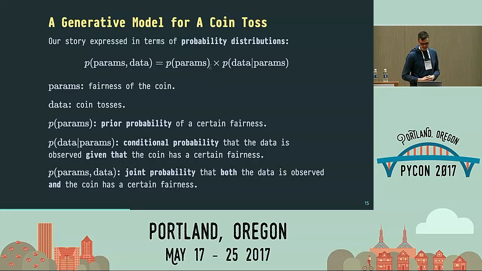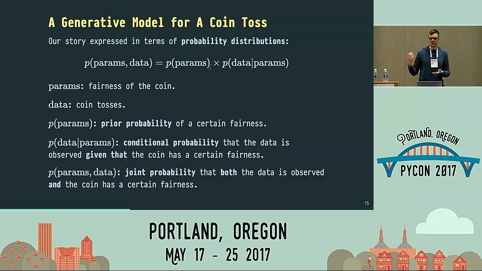And what are these objects here? On the right-hand side, the first one is the so-called prior probability. What you encode in this object is your initial belief of the possible values of this fairness. For instance, if you got this coin from the mint, you probably think that this coin is quite fair.